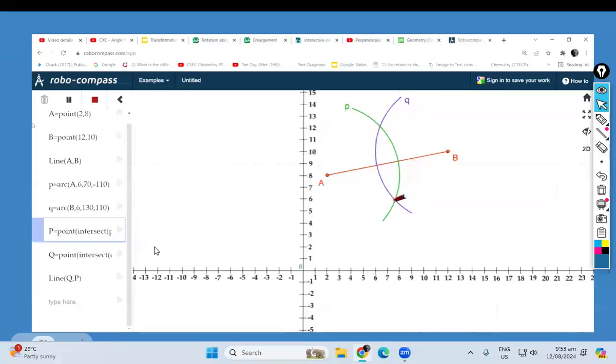That's the 2 points where the 2 arcs intersect. And we're going to connect point P to point Q. And that new line is the perpendicular bisector. That black line is the perpendicular bisector.